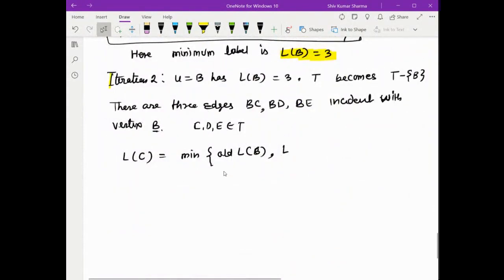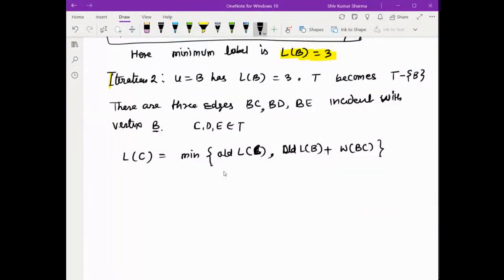Here we write the old level of vertex C, and now we write the old level of vertex B plus weight of BC.